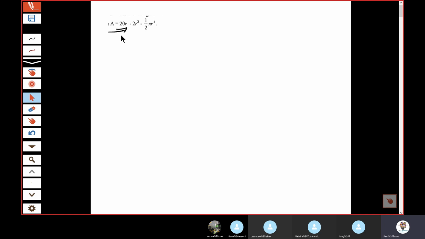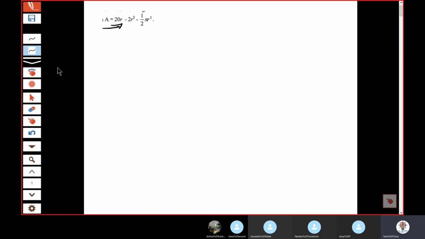So what we've got to do with this now, we've got to differentiate, make it equal to 0, and then find its nature. So dA on dr equals 20 minus 4r minus 2 times half is gone, just pi r, equals 0. What would you do now?